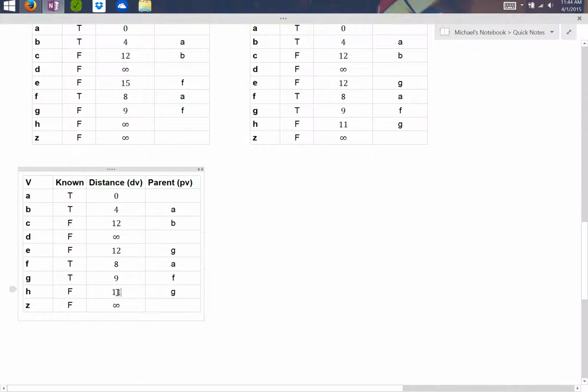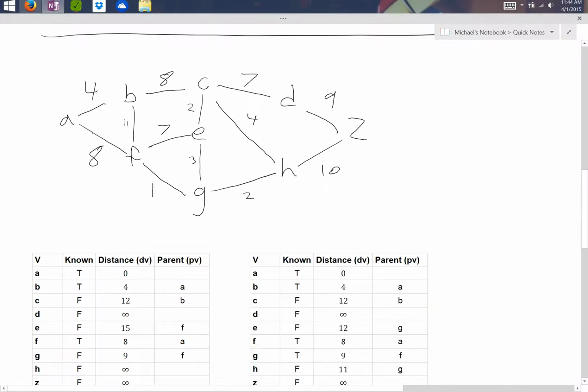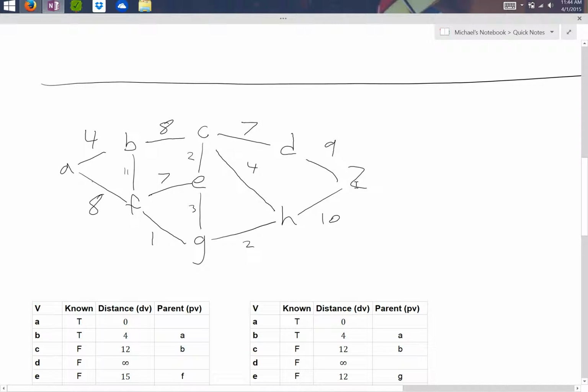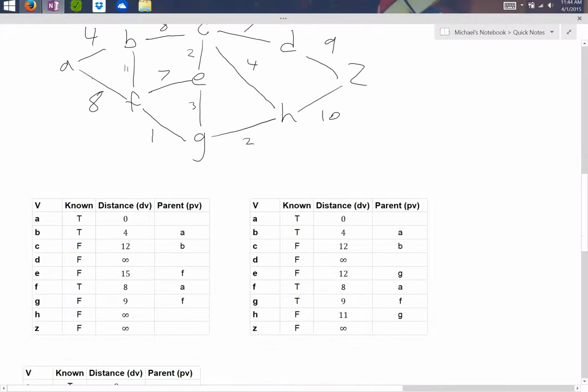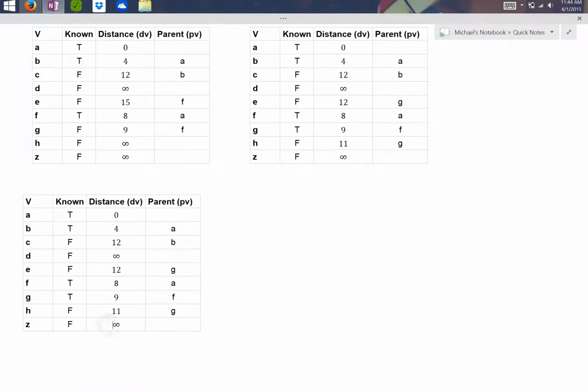So H currently has 11 associated with it, so 11 plus 10 can get us to Z, so a cost of 21. 21 is less than infinity, so we know that we can get there from H at a pretty low cost of 21. Well, low is relative, I guess.